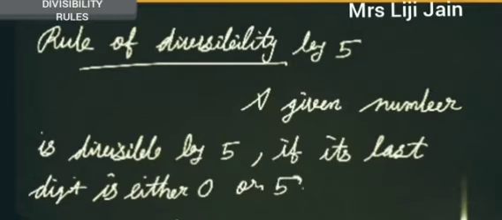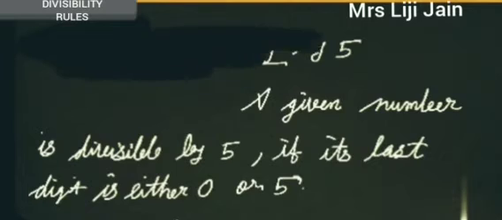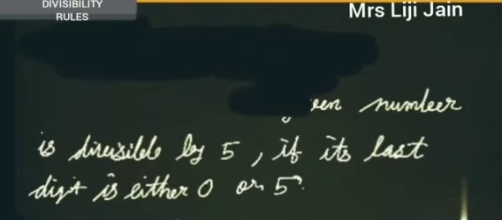Either 0 or 5. Very easy, isn't it? How to check whether a given number is divisible by 5 or not? Just we have to check whether its last digit is 0 or 5. If that is the case, we can say that the given number is divisible by 5, isn't it?